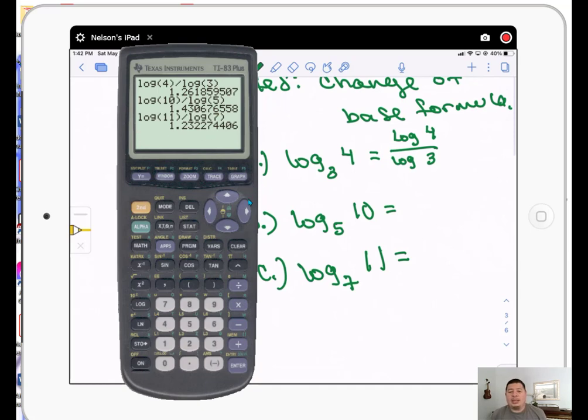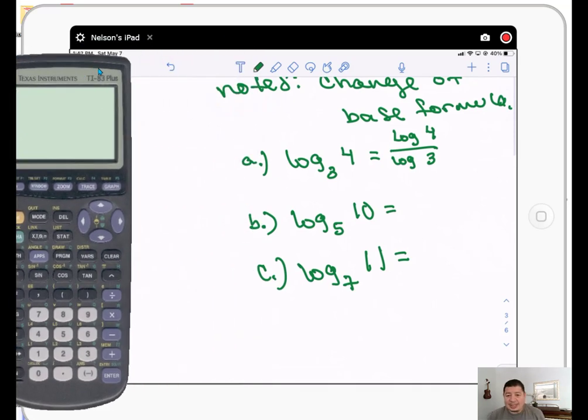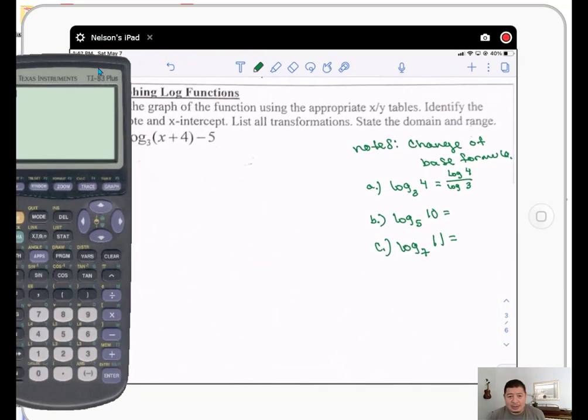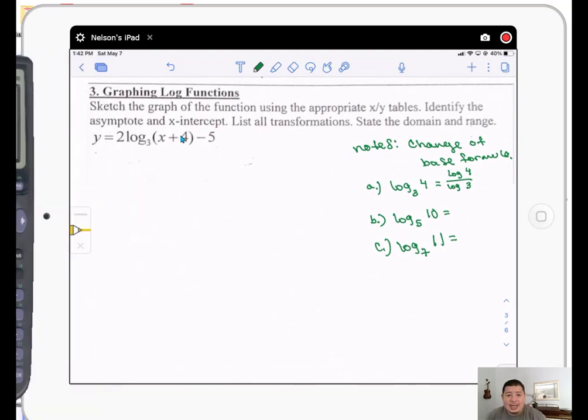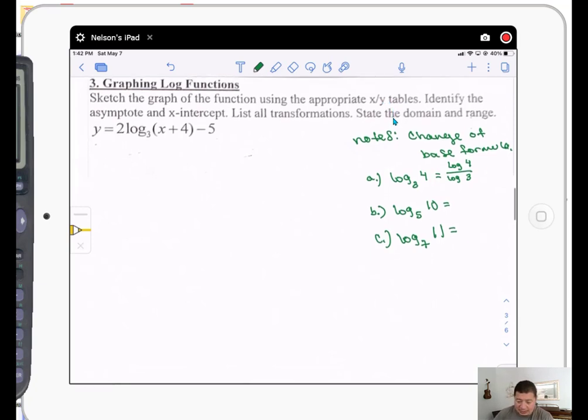Okay, why did I bring this up? Well, one of the tasks on this list is that we need to come up with an x and y table of values. So tell you guys what, let's go ahead and start with that.